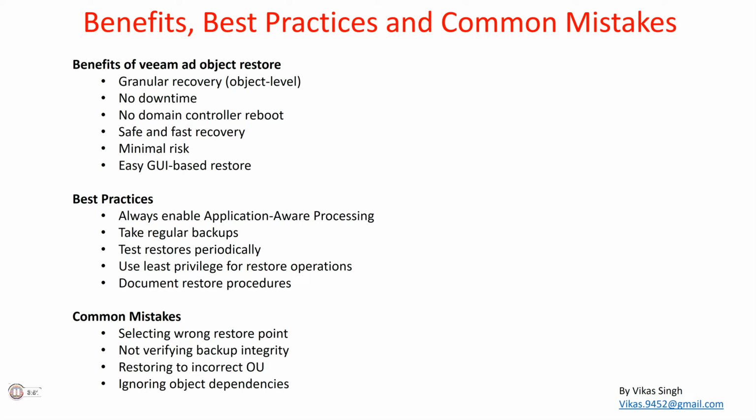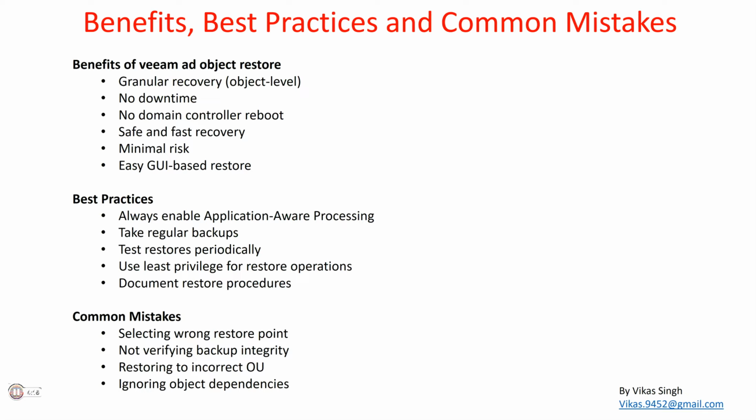So best practices, before moving to the lab, keep these in mind. Always enable application aware processing in your backup jobs. Take regular backups of your domain controller. Test the restore periodically to ensure everything works as expected. Use least privilege access for the restore operation, and always document your steps for the restore procedure properly.